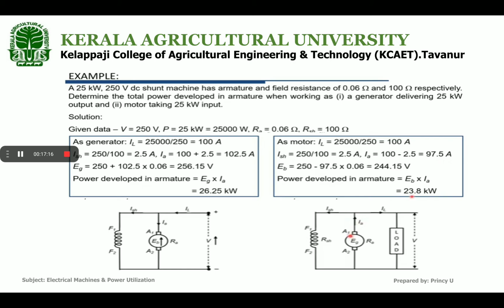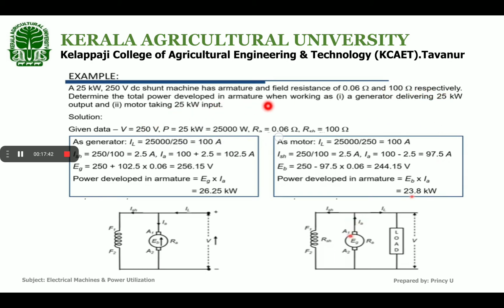And I will just explain one example here. I think we have already explained it in the generator case also. A 25 kilowatt 250 volt DC shunt machine has armature and shunt field resistance of 0.06 ohm and 100 ohm respectively. That means armature resistance Ra and field resistance Rsh are given, power is given, input voltage is given.